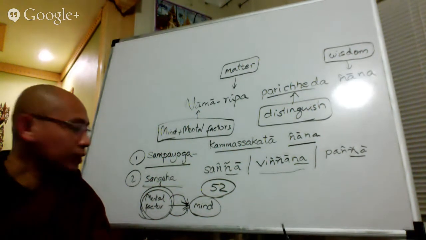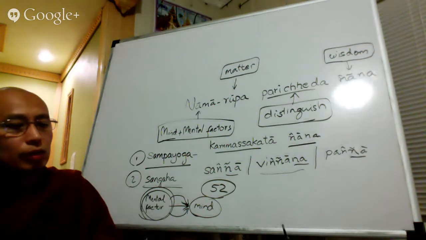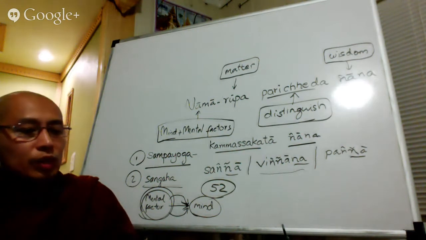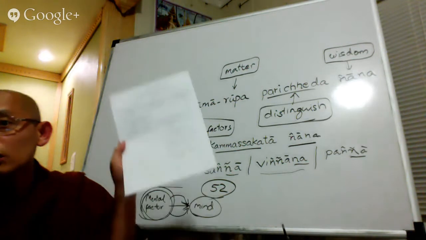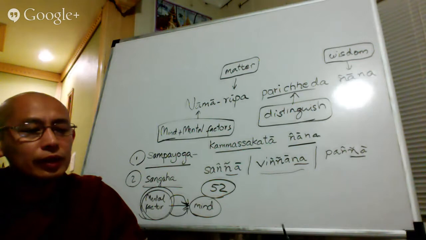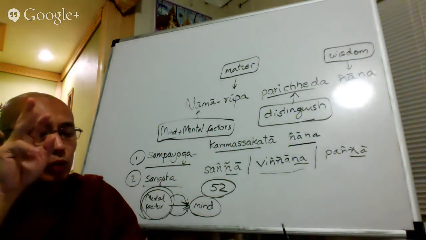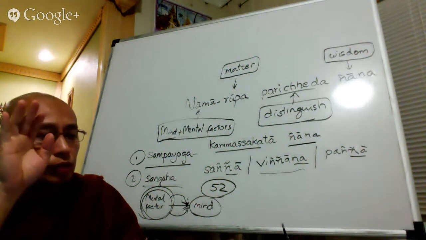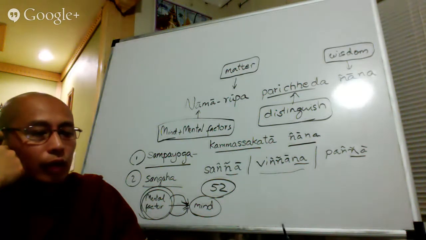So before going into this way, we need to review the 52 mental factors. Basically they fall into three main groups: Annasamana, common to others, Akusala, unwholesome mental factors, and Sobhana, beautiful mental factors.